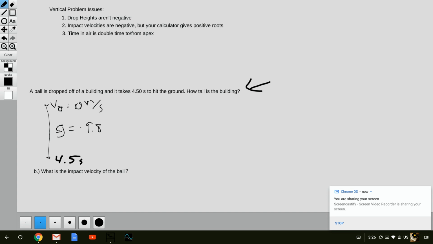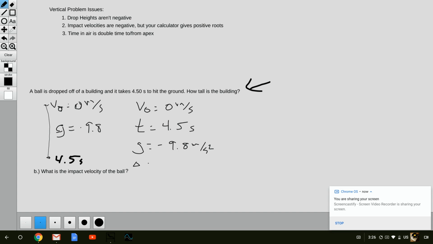All right, so with this information, let's write out our givens. Our initial velocity is 0 meters per second. Our time is 4.5 seconds. And acceleration, which is g, is negative 9.8 meters per second squared.